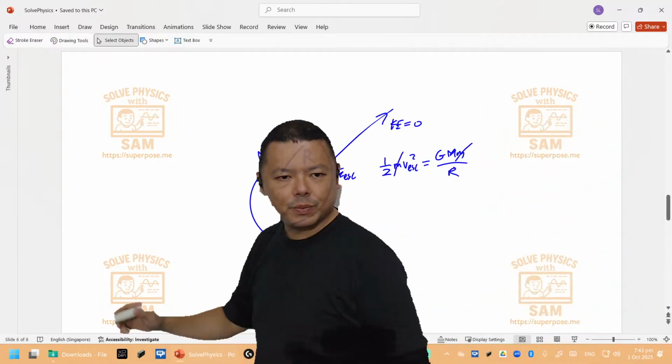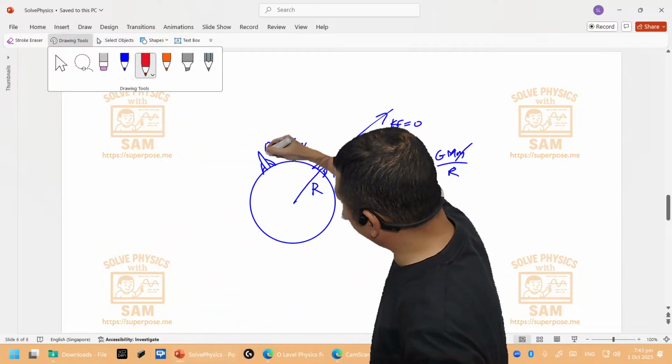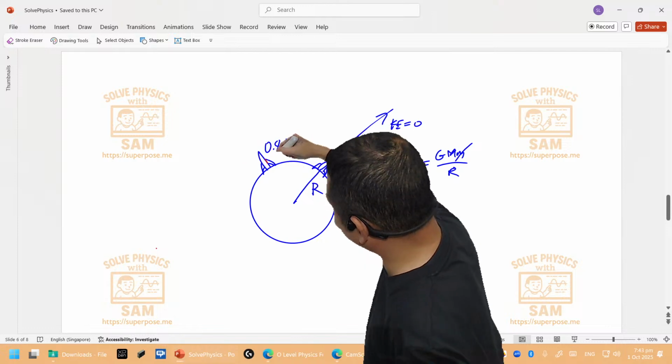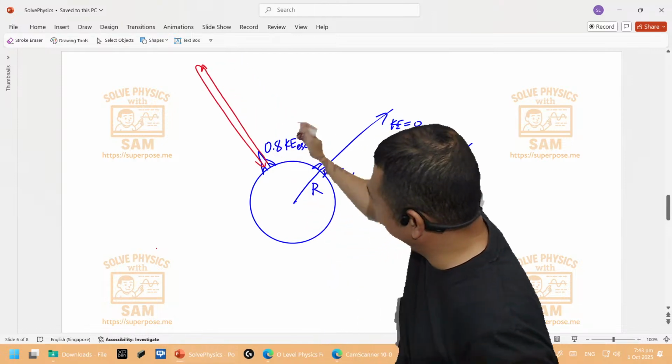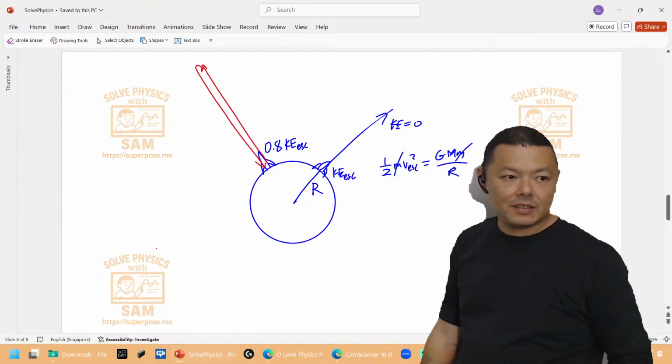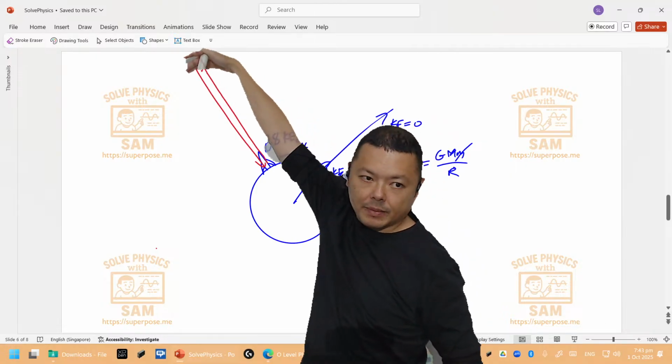In fact, what would it do? Exactly. If you don't give it enough KE, it will launch out into space like this, and then it'll crash back to Earth. You understand this? The amount of KE will help it get to that point there.